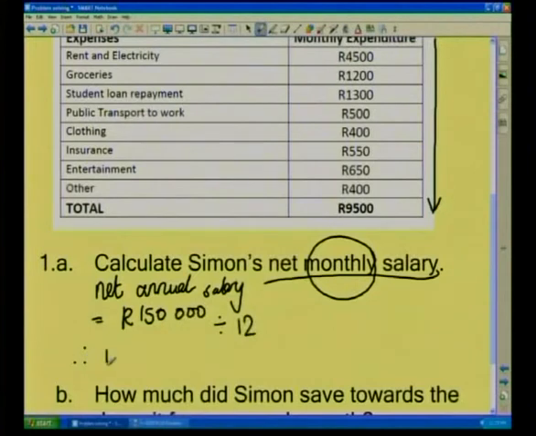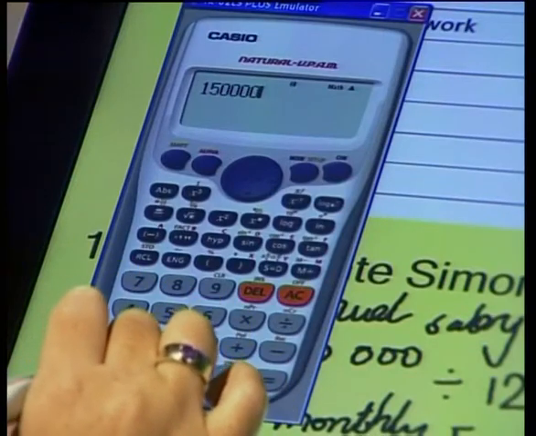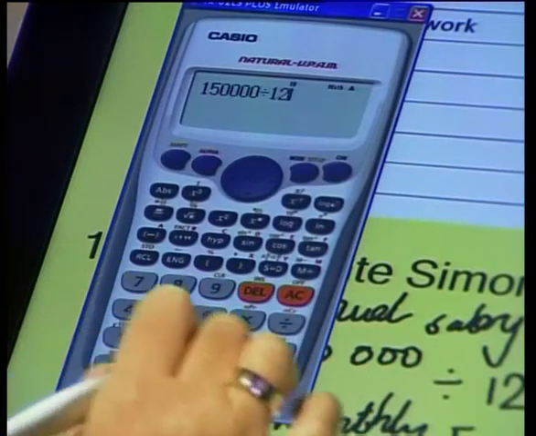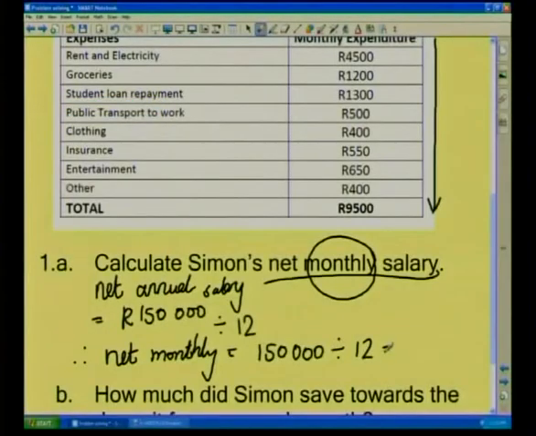So therefore his net monthly salary is equal to 150,000 divided by 12. So 150,000 divided by 12 is equal to 12,500 Rand. So he earns 12,500 Rand per month.